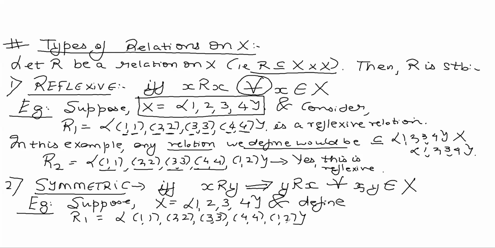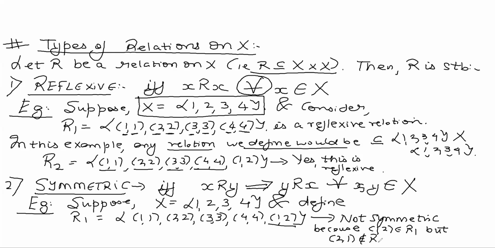Yes. We know why it's reflexive, because (1, 1), (2, 2), (3, 3), (4, 4) all belong to R1. Is R1 symmetric? Not symmetric. Why? Because (1, 2) belongs to R1, but (2, 1) does not belong to R1. That is why this relation is not symmetric.